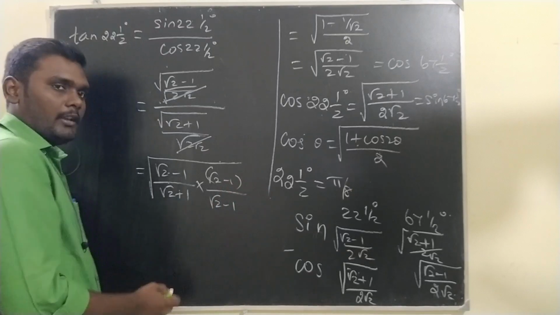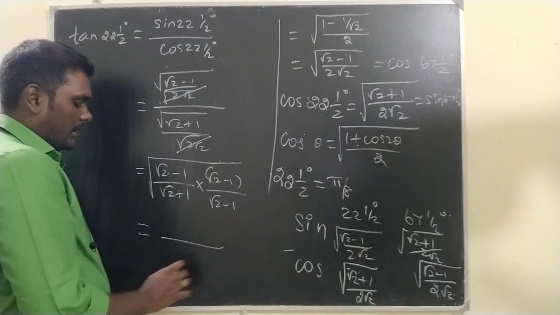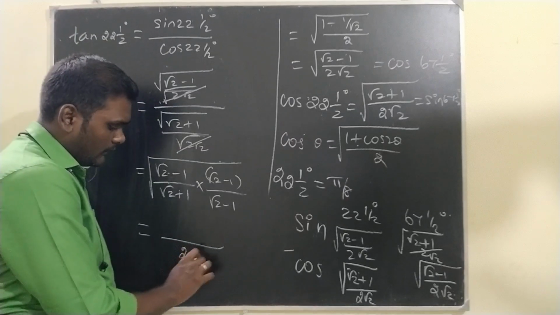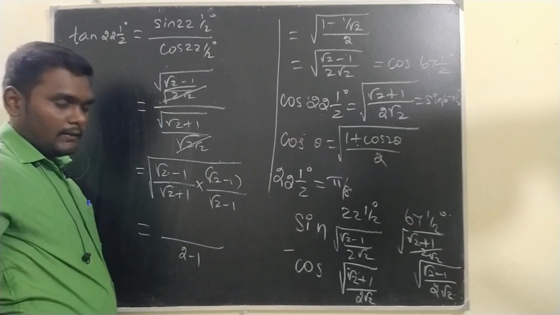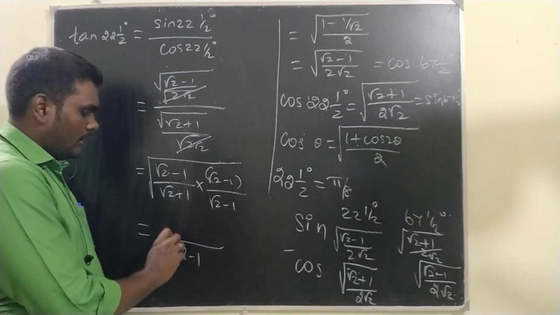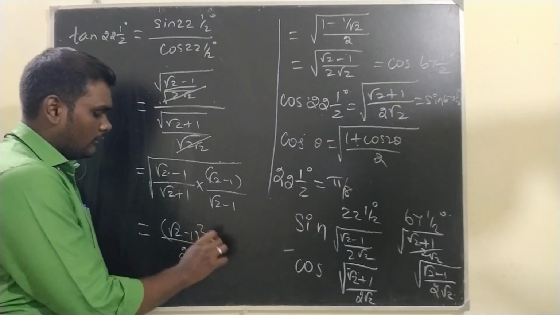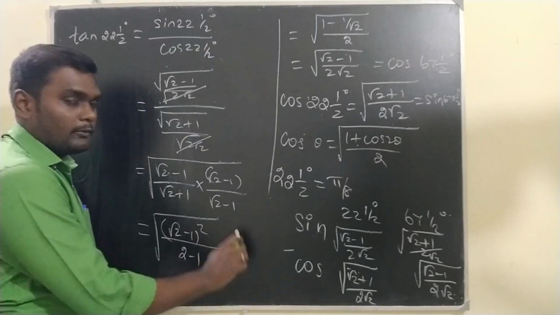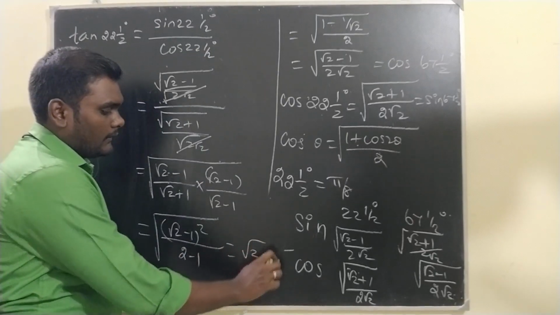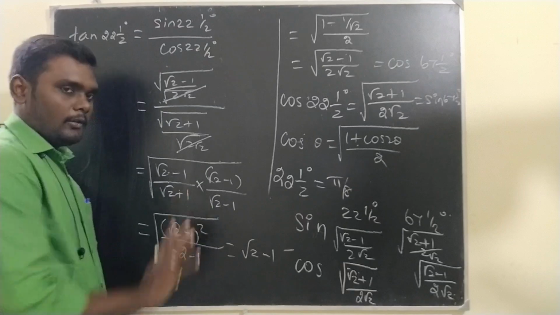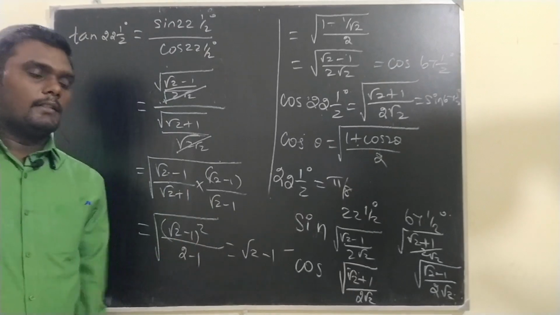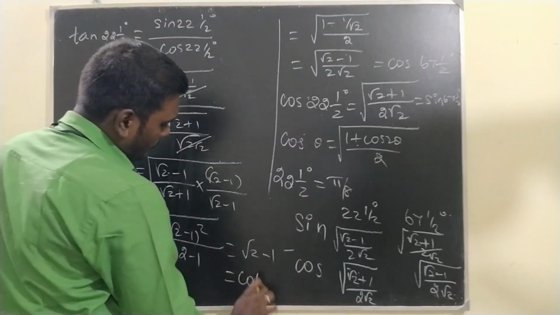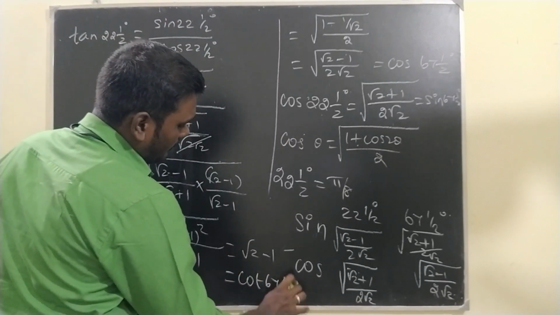Inside the square root only I am doing all this. Now in the denominator, it is a plus b into a minus b, so it is 2 minus 1, which is 1 only. In the numerator, root 2 minus 1 whole square. This square and root will get cancelled. The value is root 2 minus 1. That is the value of tan 22 and a half. So is cot 67 and a half degree.